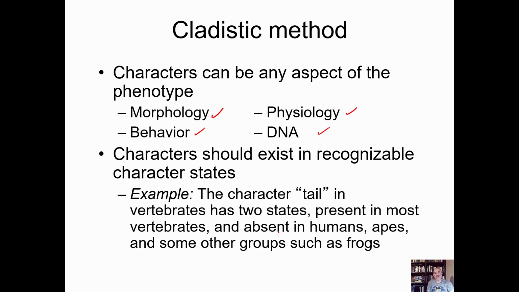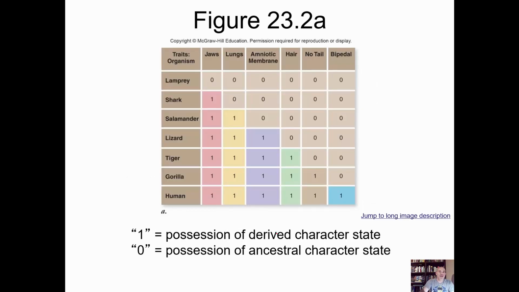And then a loss of tail, like we see in humans and apes, and even frogs, would be something new and derived within those subgroups. So the idea is you would get a bunch of characteristics relevant to the group you're studying, and then try to determine whether or not these characteristics are derived or ancestral.